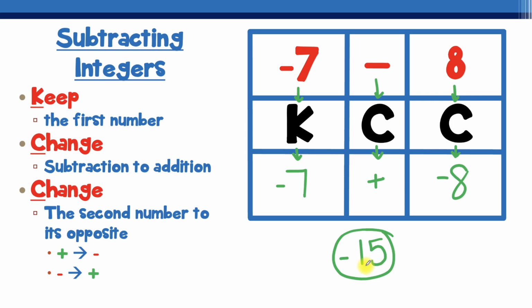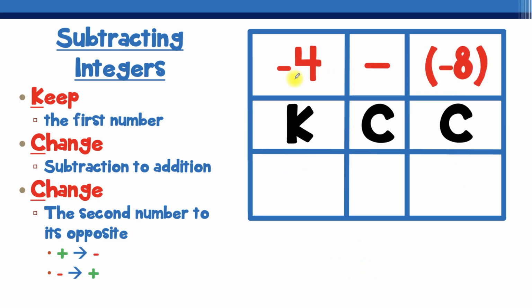Let's go over one more example. Here we have negative 4 minus negative 8. The negative 4 we're going to keep. So down here, we'll write negative 4 again. This minus sign will change from subtraction to addition.